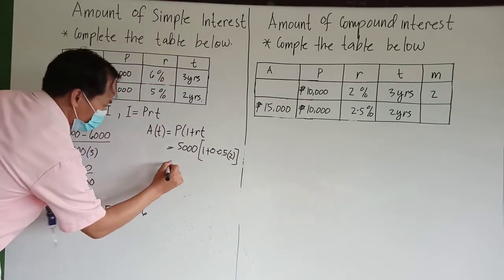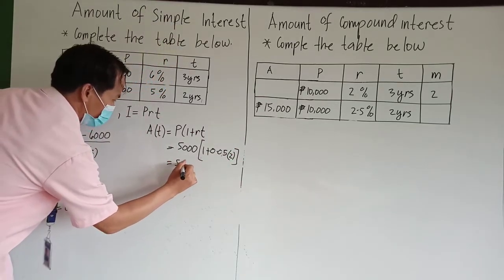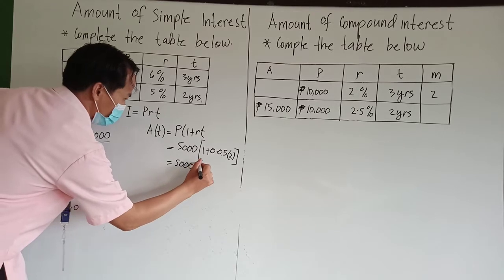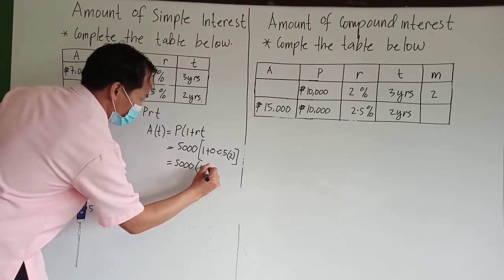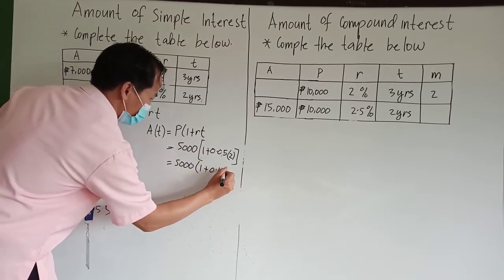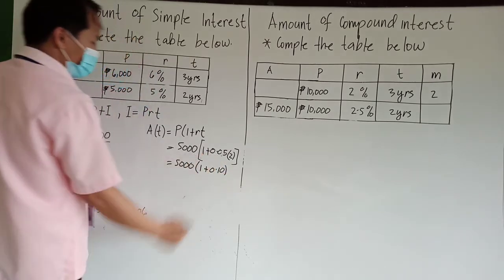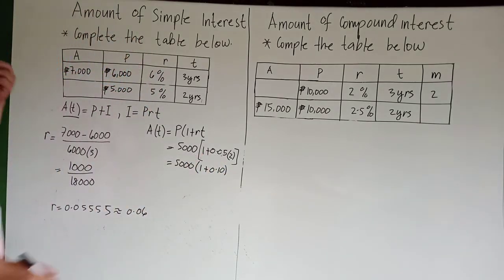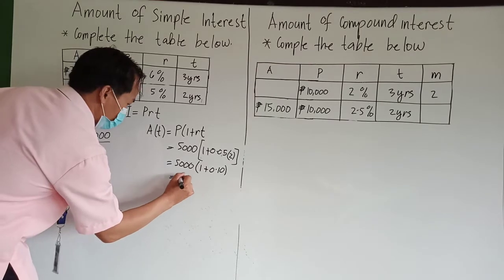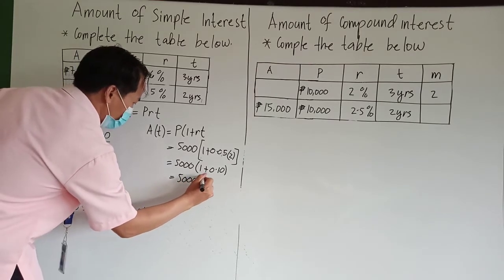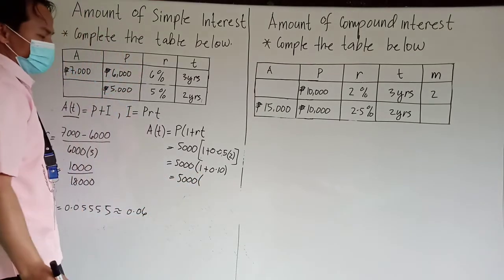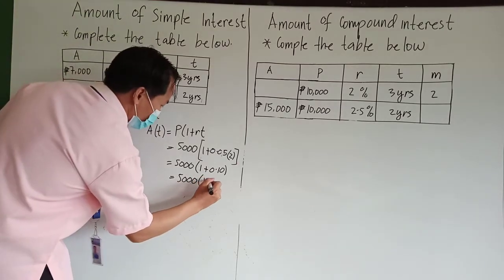Then we have 5,000 times the quantity 1 plus 0.10, because 2 times 0.05 is 0.10. And we have 5,000 times 1.10.